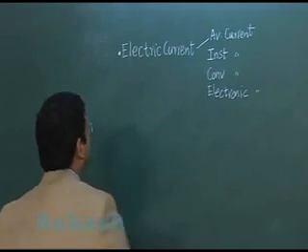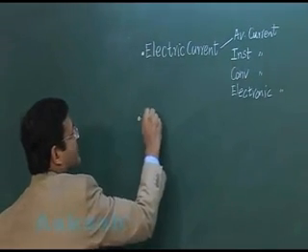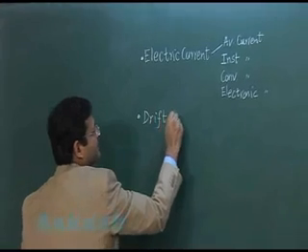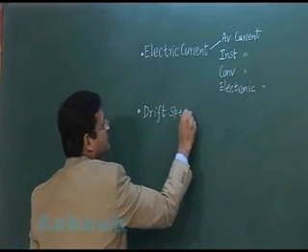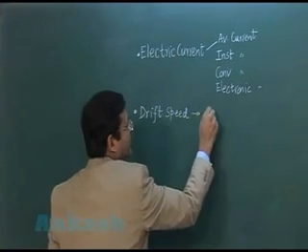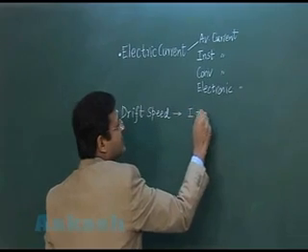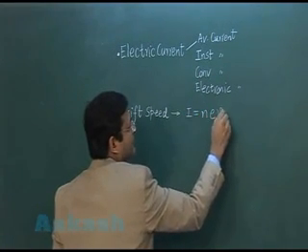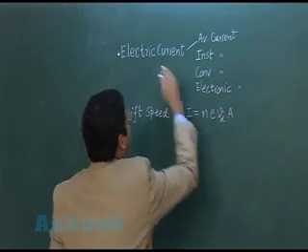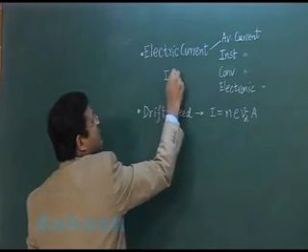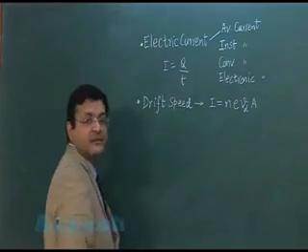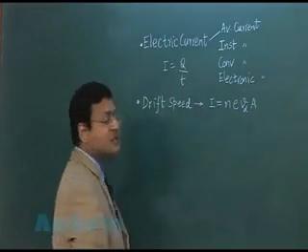Then we essentially talked about drift speed. हमने drift speed के बारे में एक इंपॉर्टेंट फॉर्मूला डिराइव किया. इसमें I is equal to nevA. यहां पे इलेक्ट्रिक करंट I was Q by T or delta Q by delta T as the case may be. These were the two basic equations.